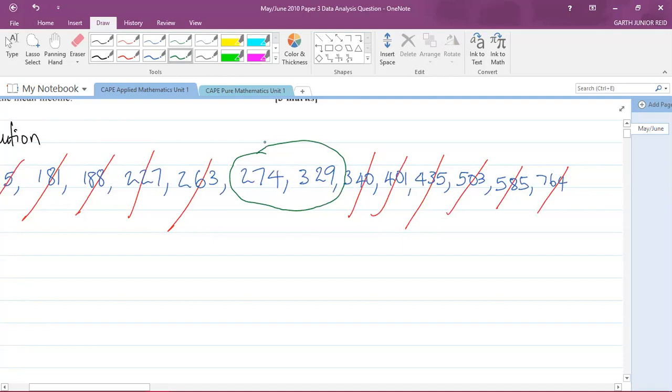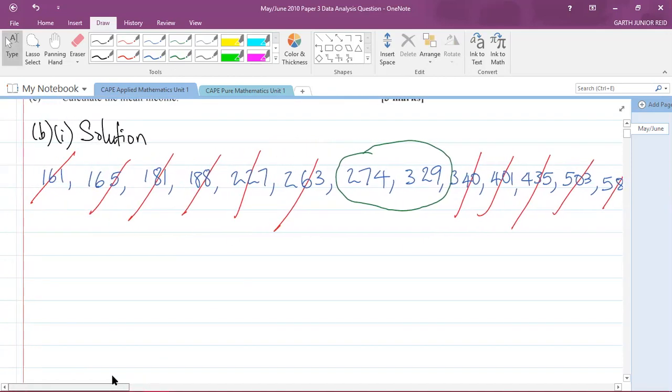If you have 2 values remaining in the middle, in order to get the median you need to find the arithmetic mean of those values. The median is normally represented like this, that's the symbol we use in statistics for the median.